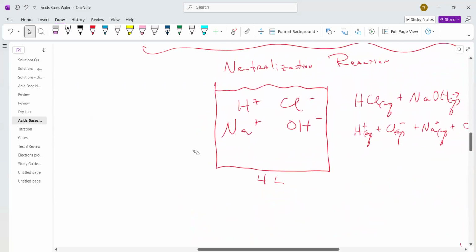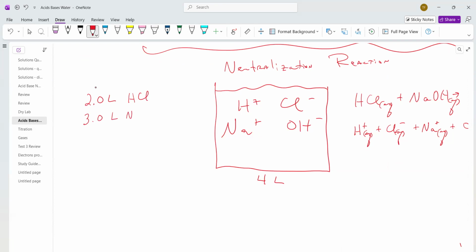So if I dumped in two liters of HCl and 3 liters of sodium hydroxide, we're going to end up with 5 liters total.